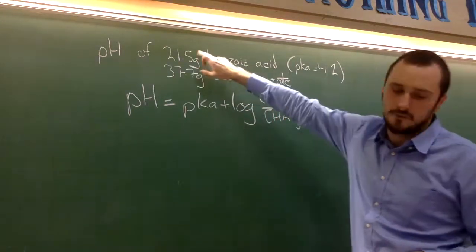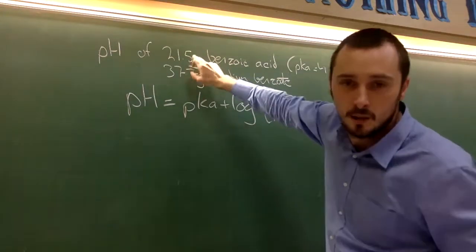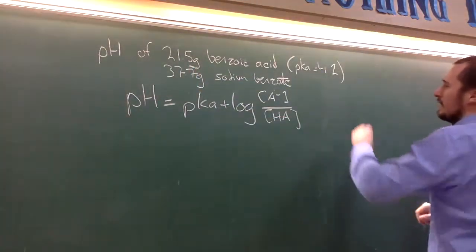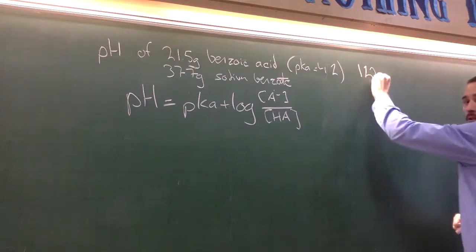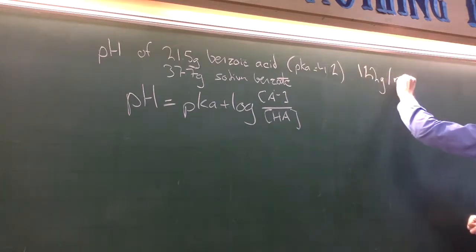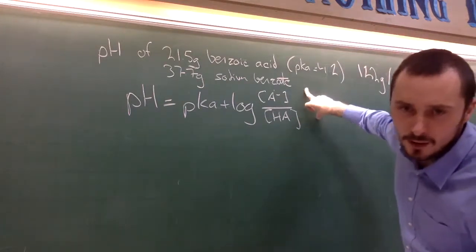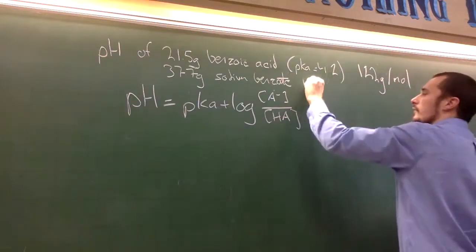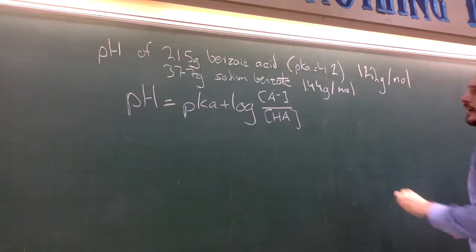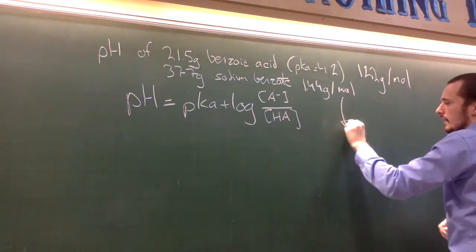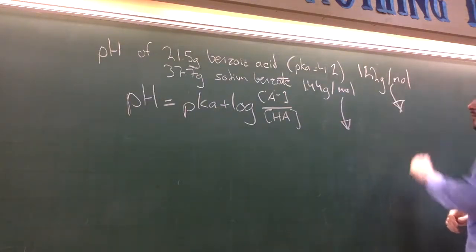Next up, you've been told you have this many grams of your substance. Well, the acid is 122 grams per mole. Sodium benzoate, A minus, is 144 grams per mole. As such, you can get that down to the molar amount in each of the substances.